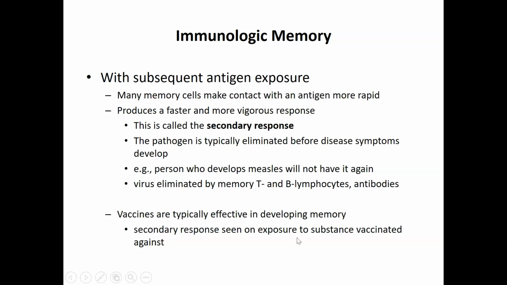This whole difference between primary and secondary response is the basis for vaccines. Vaccines are an injection of a part of a pathogen which gives you a primary exposure to that pathogen without having to develop the symptoms of being infected by the whole pathogen.